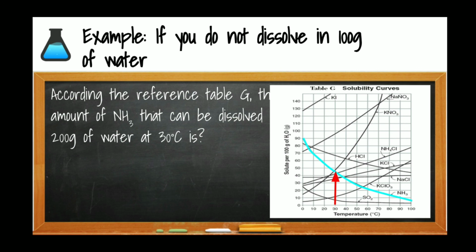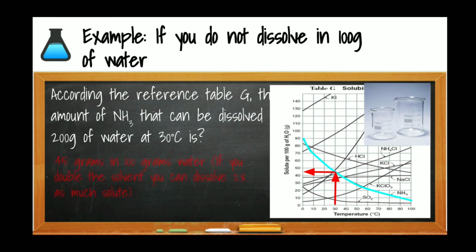So we want to have the same concentration, the same ratio of solute to solvent. So since we're going to double the amount of water, we'll need to double the amount of salt. So that means that we should have approximately 90 grams.